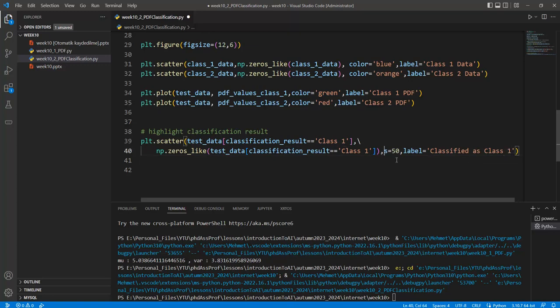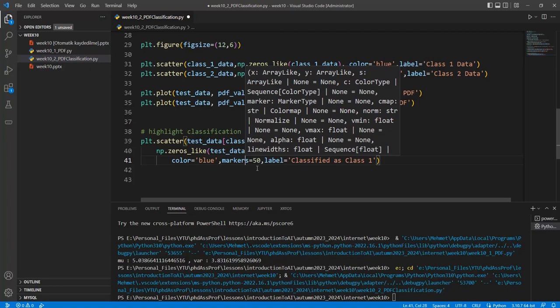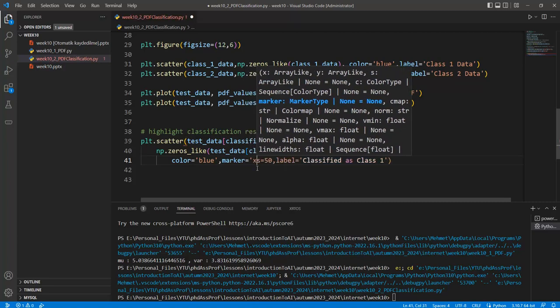And also we should give the blue marker in here, because we need to give this marker like this one. It's the s, and color equals blue, and also marker is equal to x.